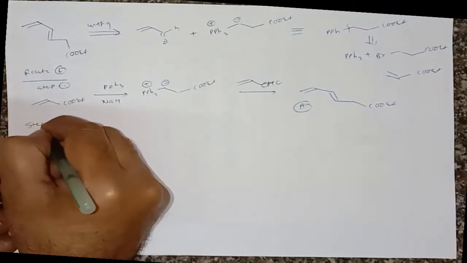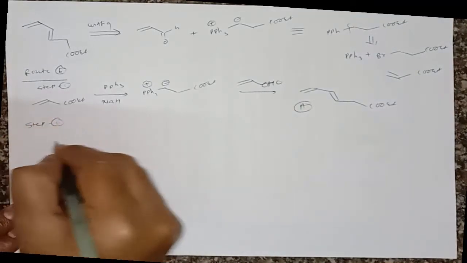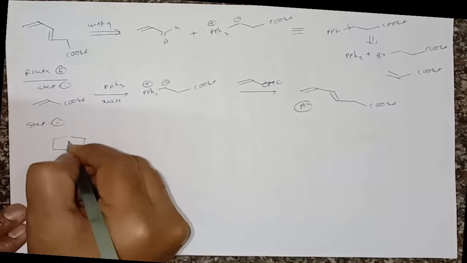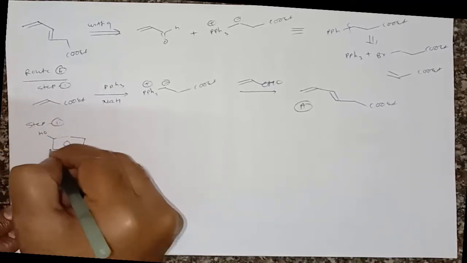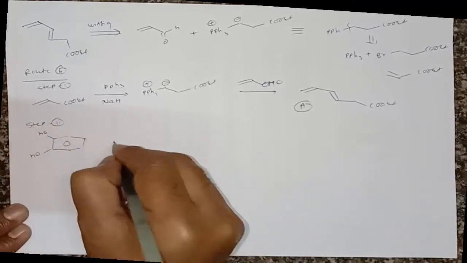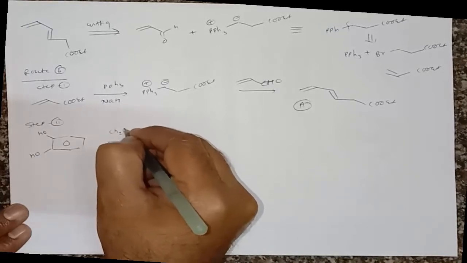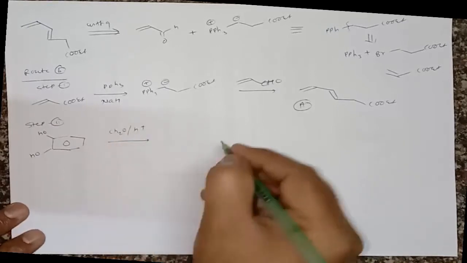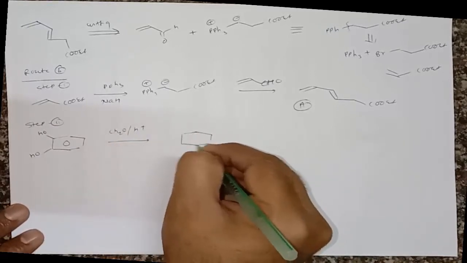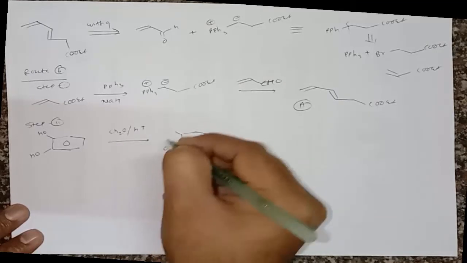Then in step second we can take this phenol. We can protect this phenol by using formaldehyde in presence of H+. So it gives a protected diol here.